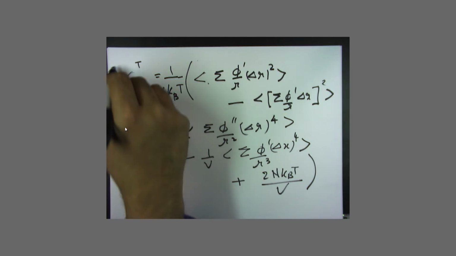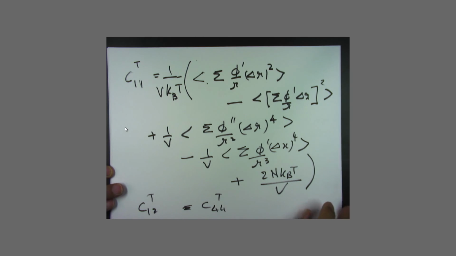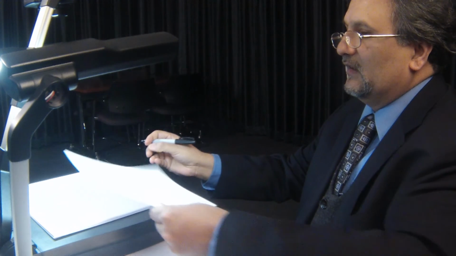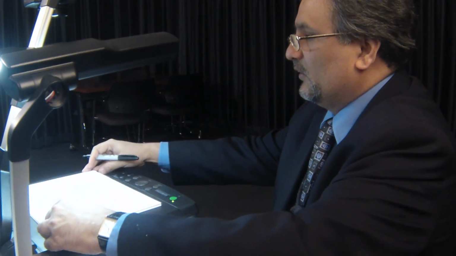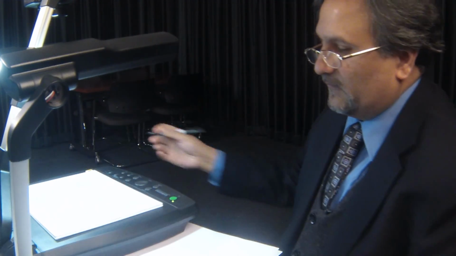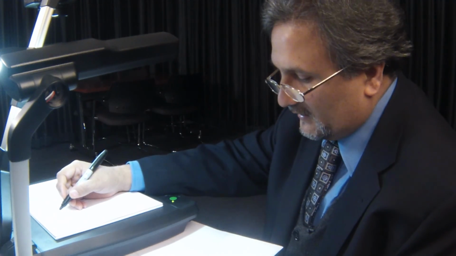So, this is C11. Similarly you can do C12 and also C44. This gives you a molecular dynamics model to calculate the different elastic constants, and we will also look at the Parrinello-Rahman condition with the flexible cell. You can also calculate that, but in this case you are looking at energy formation.